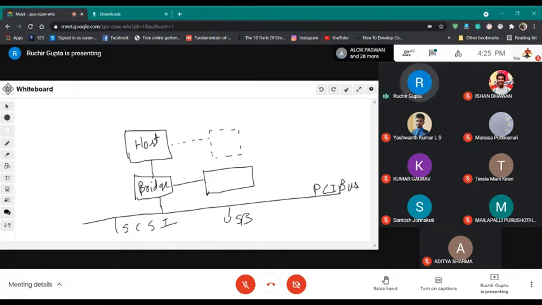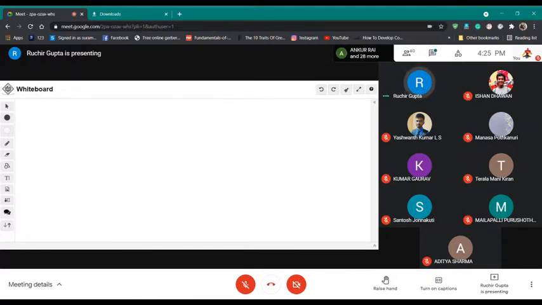The terminology that is used here is slightly different. Of course, many protocols use that. So the terminology used is initiator and target.